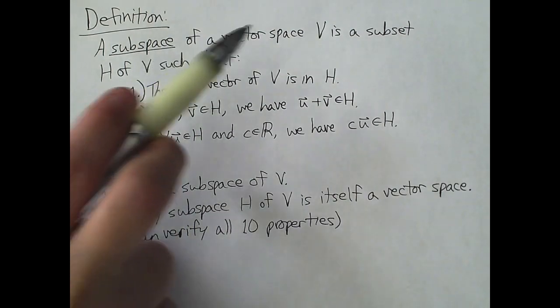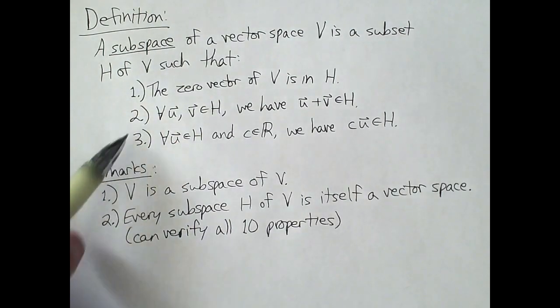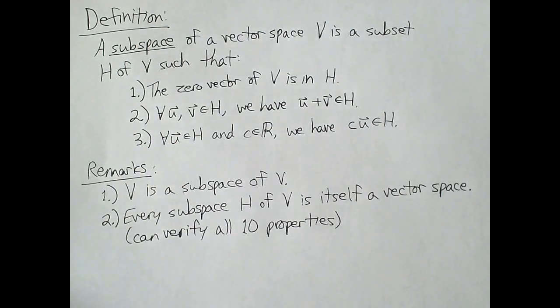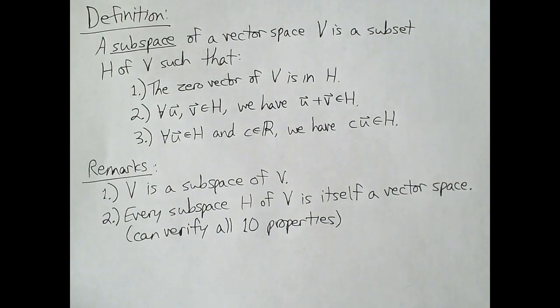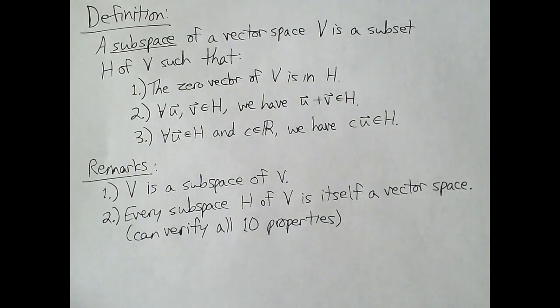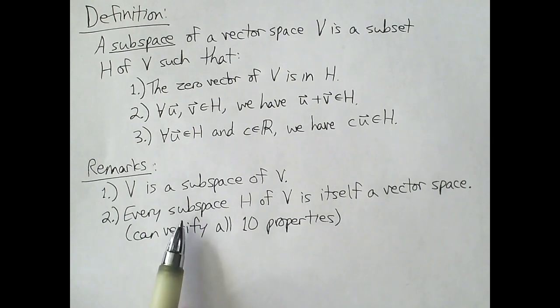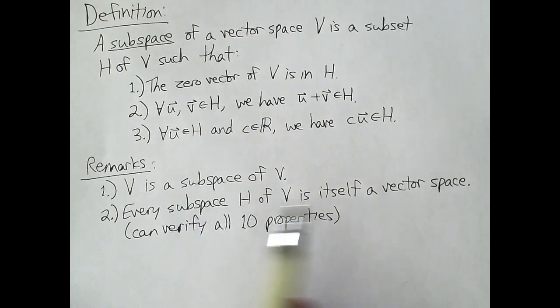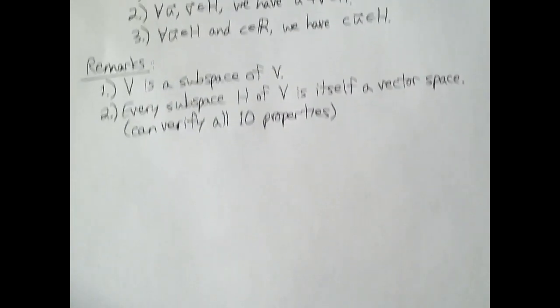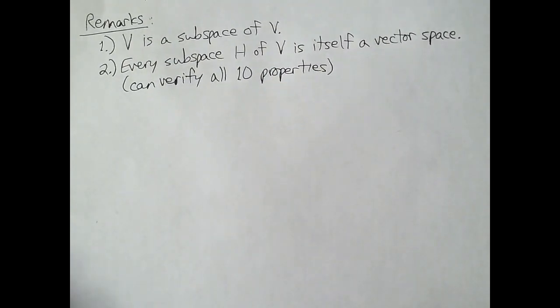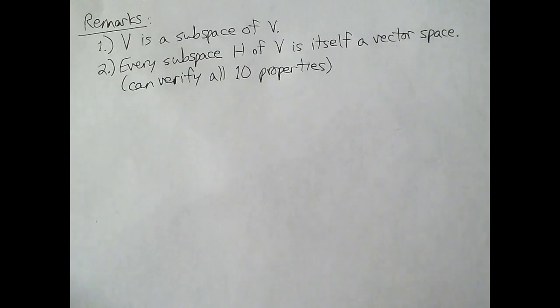From being a subset and having these 3, you actually get all 10. So that's cool. That means that subspaces can help us define more vector spaces than just the 3 examples we had. Let's do an example problem.